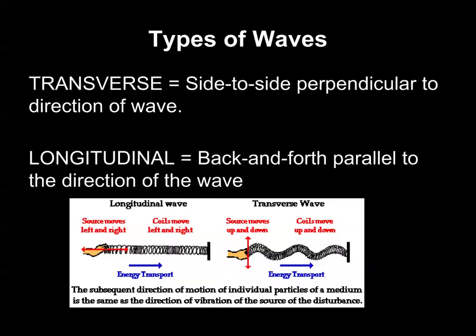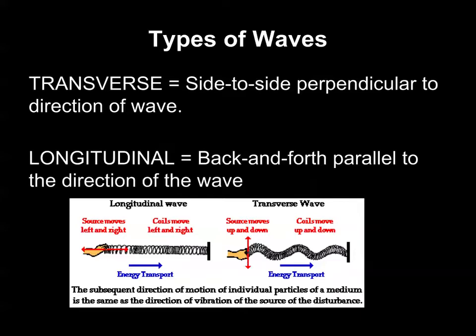from Chapter 4 in Section 1 is that there's different types of waves. There's two types that we're going to be concerned about. Transverse is one of them. Write this down. Transverse waves are side-to-side waves.